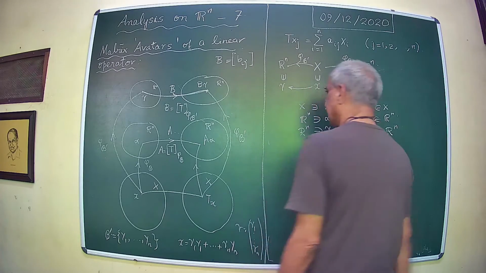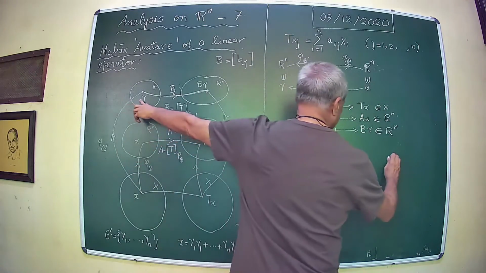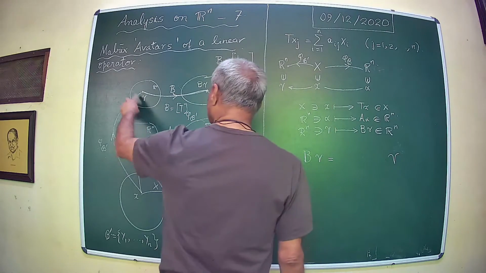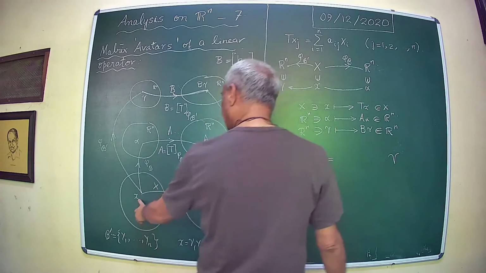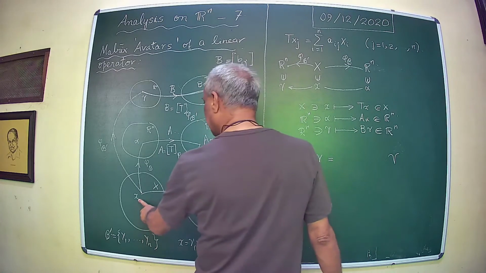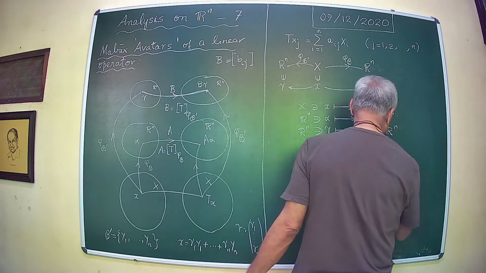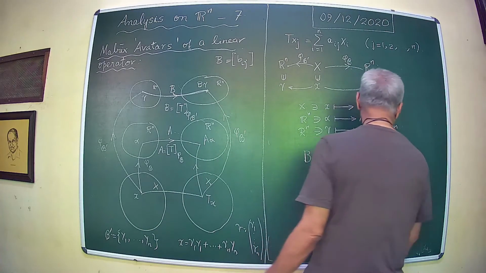This I write as, first I take gamma to x. So what do I get? I get phi b prime inverse of gamma.